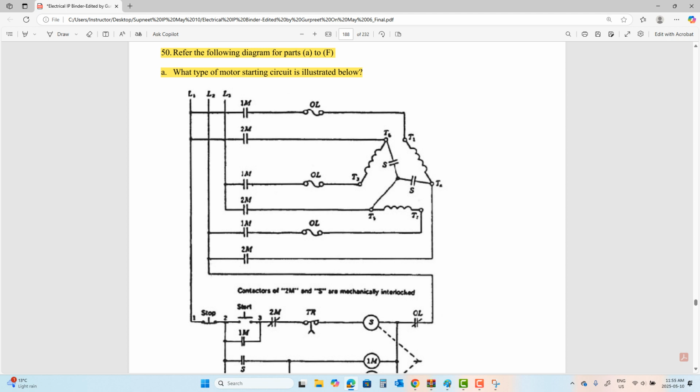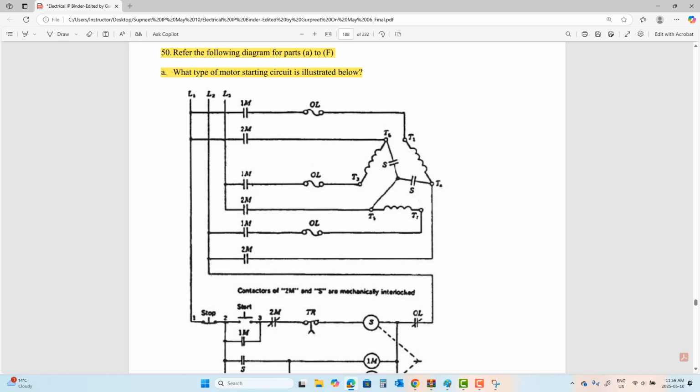If you close the S, if they become normally closed contacts, they are a Y. If your 2M closes, they might become a delta. So Y is being converted into delta when S closes.